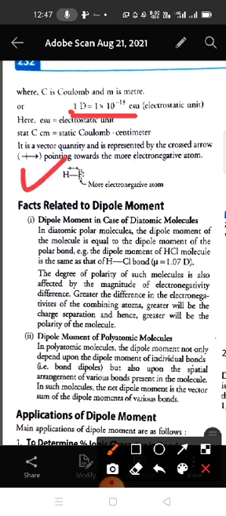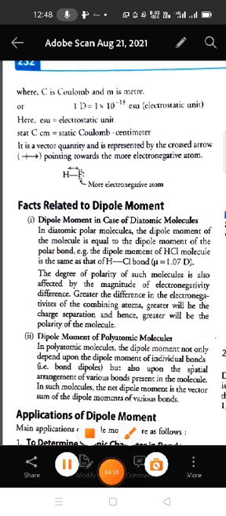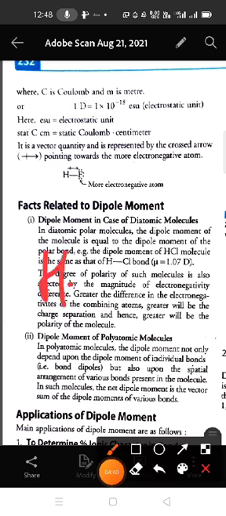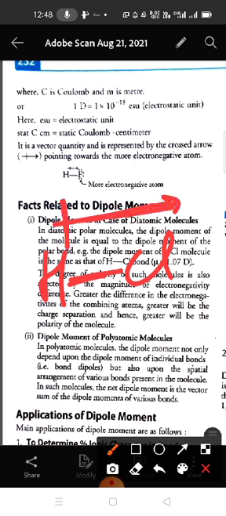It is a vector quantity and represented by a simple arrow, with a cross cut at the end of this arrow. Since Cl is more electronegative than H, the dipole moment goes towards Cl. So you will express it like that.